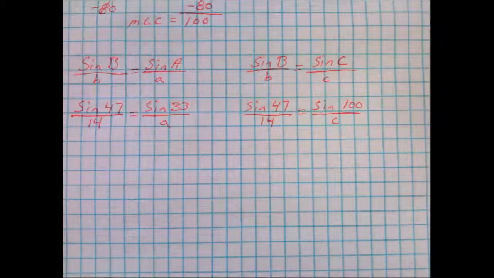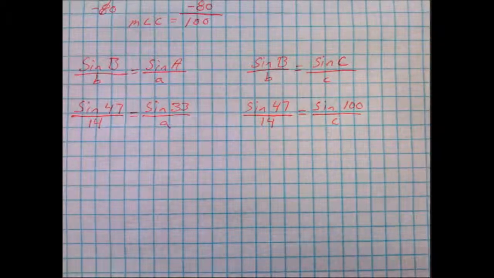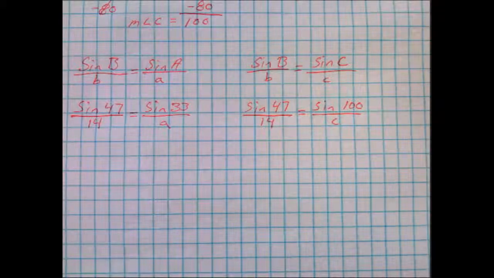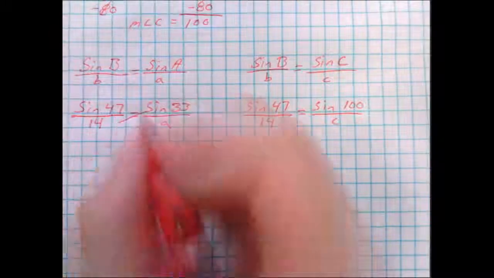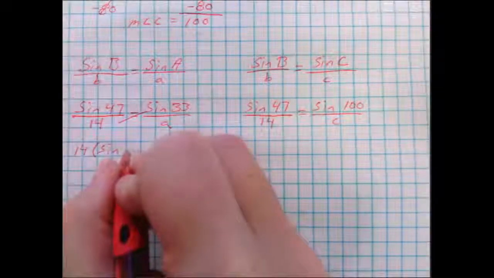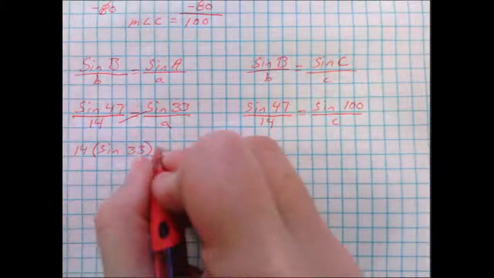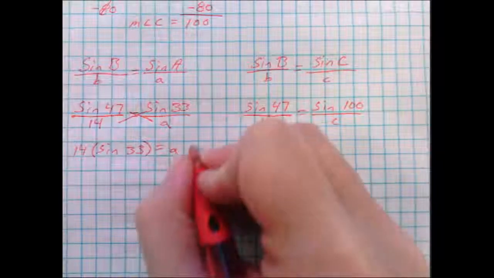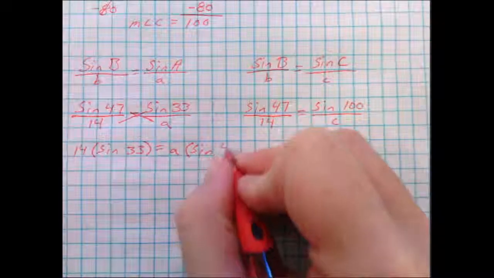Okay? Alright, so let's go ahead and slide up here so that we can start solving. Whenever you have your proportions, the first step to solving those is always doing your cross products. So that's where I'm going to start. I have 14 sine of 33 equals, the other side is going to be A sine of 47.